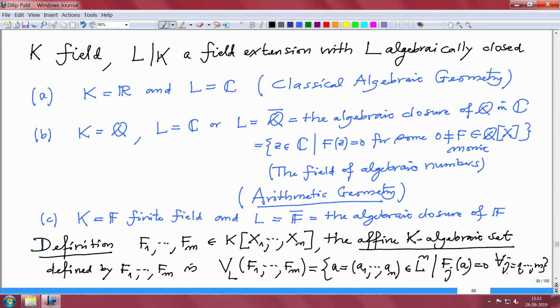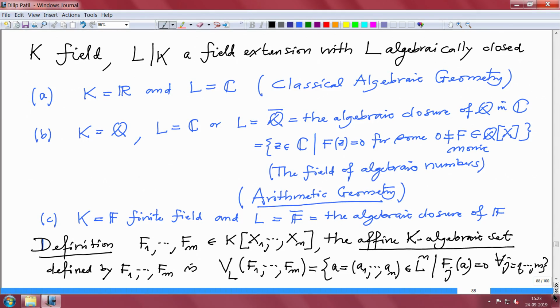This is what we defined as an affine K-algebraic set. So, this is a subset of L power n. This is a subset of that finite dimensional vector space L power n, but we are going to put more structure on that vector space actually. That will come finally, but our objects of study are these common solution sets.